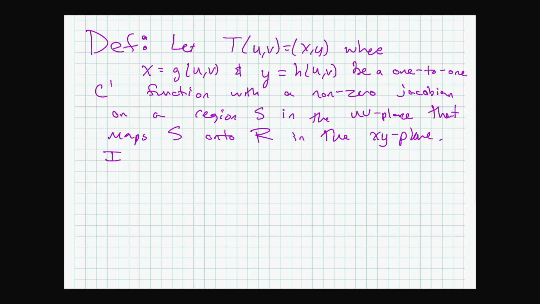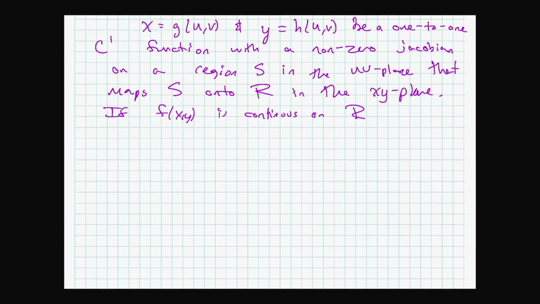So then, if f of (x, y) is continuous on R, finally we can get to the actual definition we care about. The double integral over R of f of (x, y) dA. That's the integral you start with.